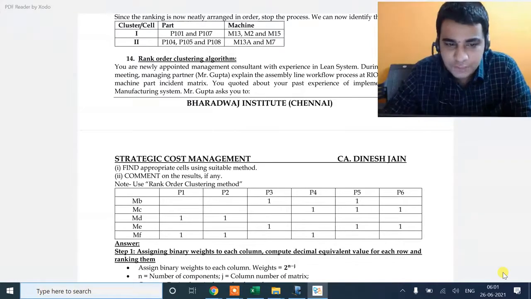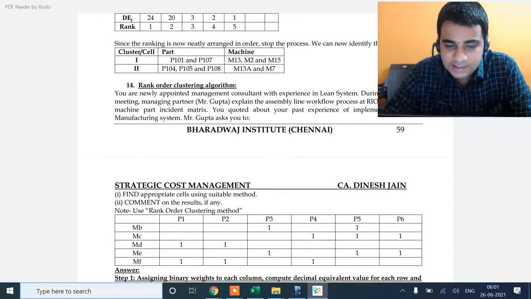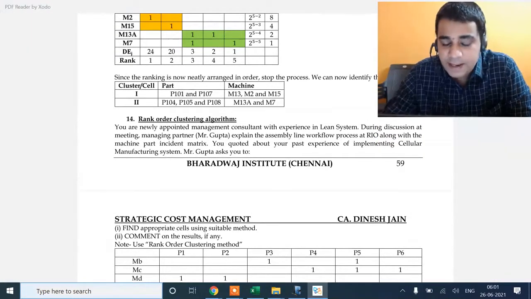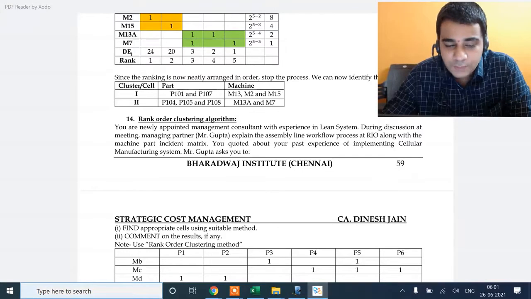Let's come to question 14. It's just a repeat of the rank order clustering algorithm with a bit of changes here. You are a newly appointed management consultant with experience in lean systems. During a discussion at a meeting, the managing partner explained the assembly line workflow process at Rio along with the machine part incident matrix.